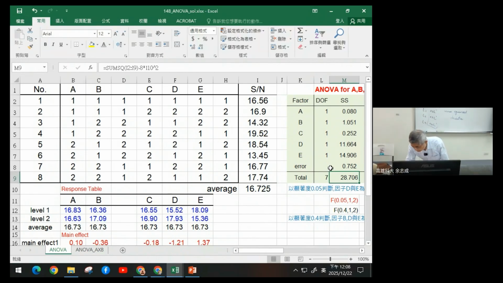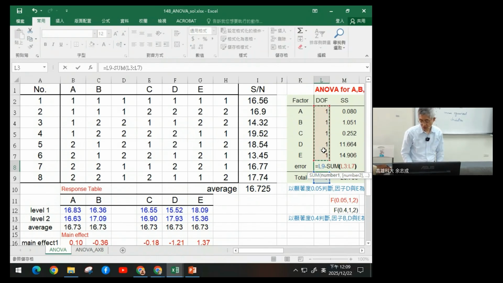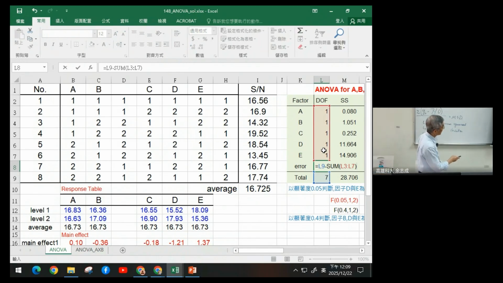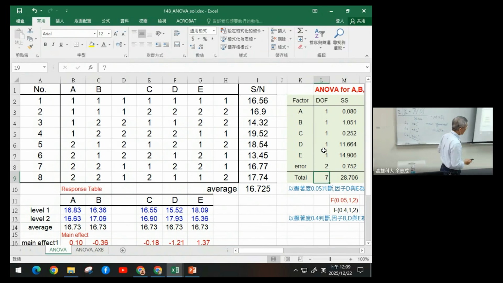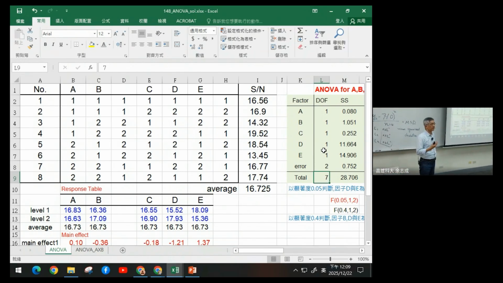So here, the degree of freedom for error will be equal to the total degree of freedom minus the degree of freedom for your model. Here you have 5 two-level factors in your model, so your degree of freedom for error in this case will be 2 degrees of freedom. Any questions?